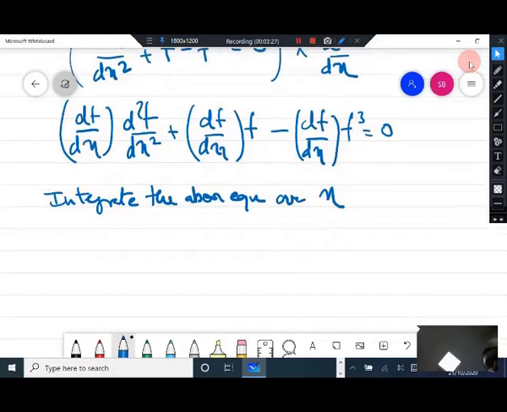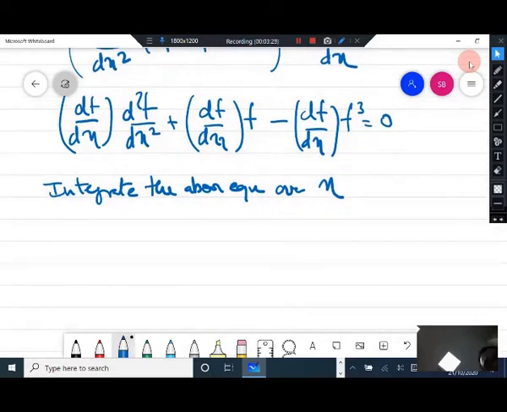I will just show you some typical calculation.